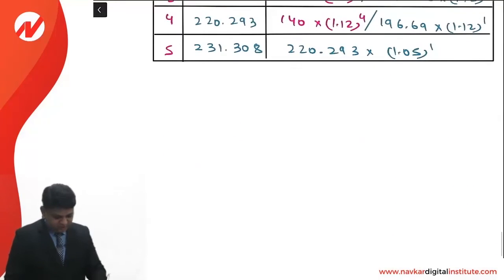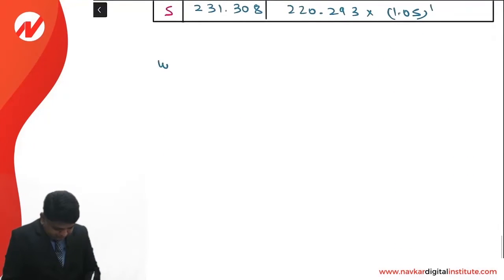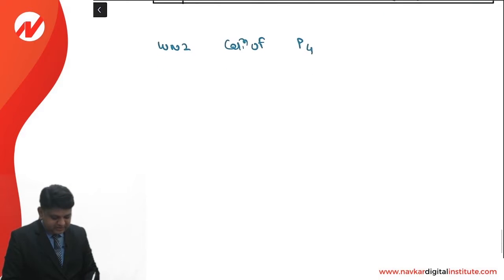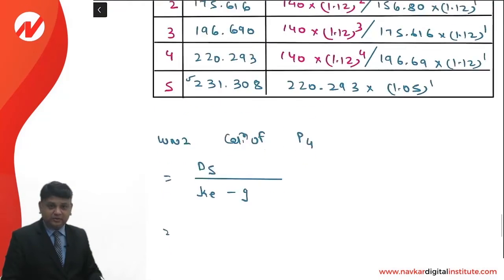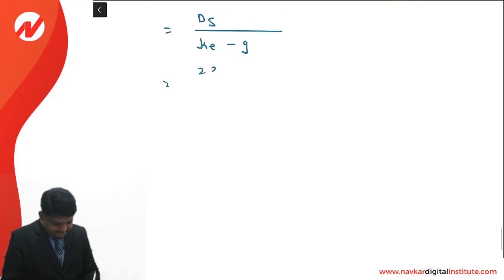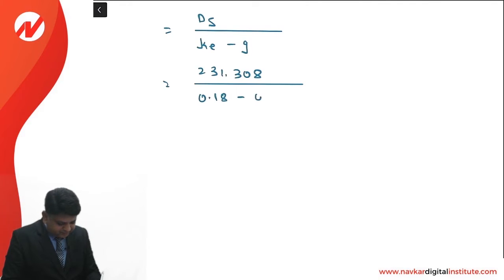Next, working note number 2. Calculation of P4. P4 means price of equity share at the end of the 4th year. It is D5 divided by K minus G. 5th year dividend is 231.308 divided by cost of equity, which is 18%, minus growth rate, which is 0.05.